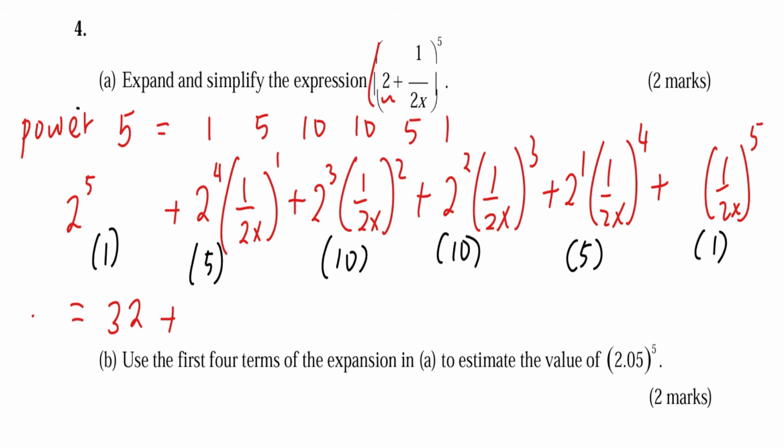Now 2 to the power of 4 times 5 gives 80, but remember there is a 2x, so we divide by 2, which gives 40 over x to the power 1. Again, 2 cubed times 10 gives 80, then divide by 2 squared, because that 2 is being squared, which gives 20. Remember the x is also squared, so it gives 20 over x squared.